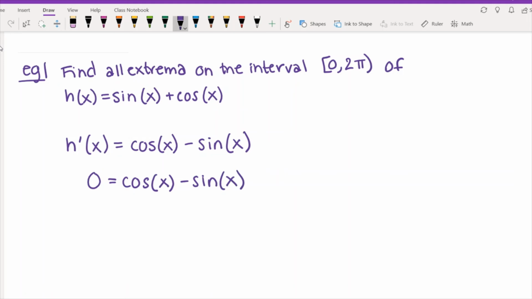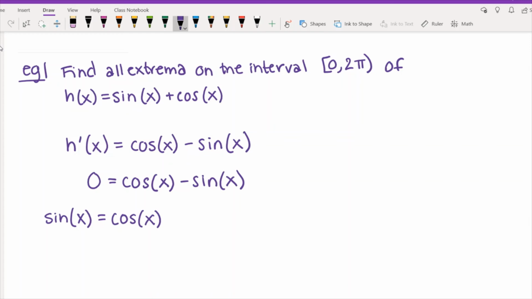I think the clearest thing to do is to add sine of x to both sides. And so we get sine of x is equal to cosine of x. So at this point, if you wanted to, you could divide both sides by cosine of x and think of it as being tangent of x is equal to 1. But personally, I find it easier to think of it in this form.